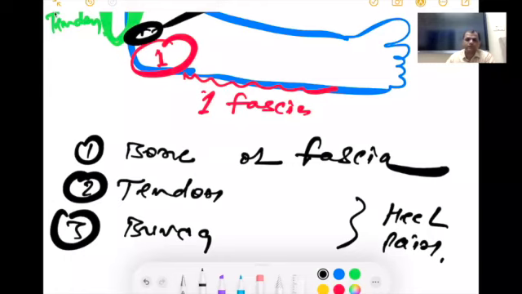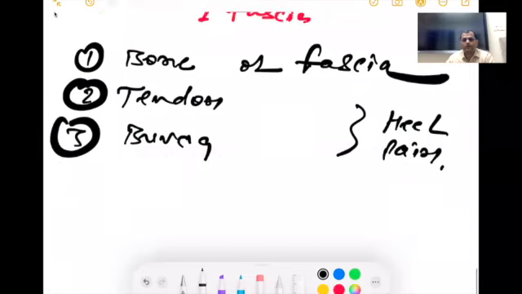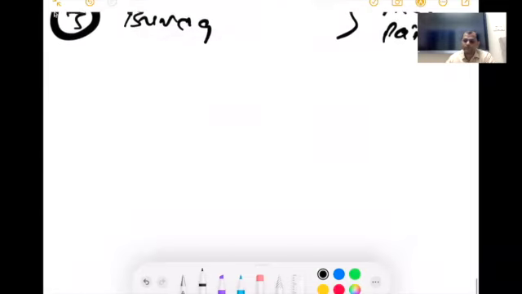So what is the treatment as per acupuncture? What treatment can we do as per acupuncture? Let's see now.